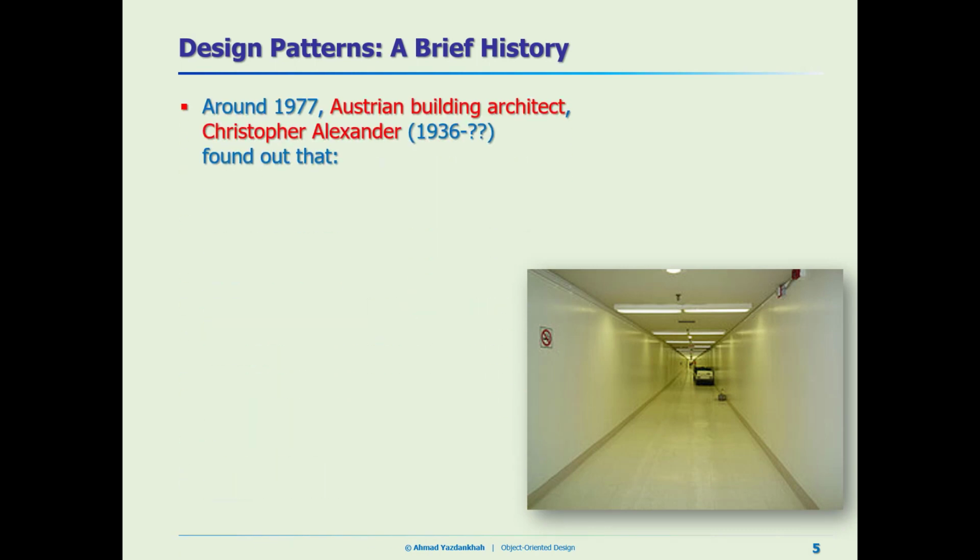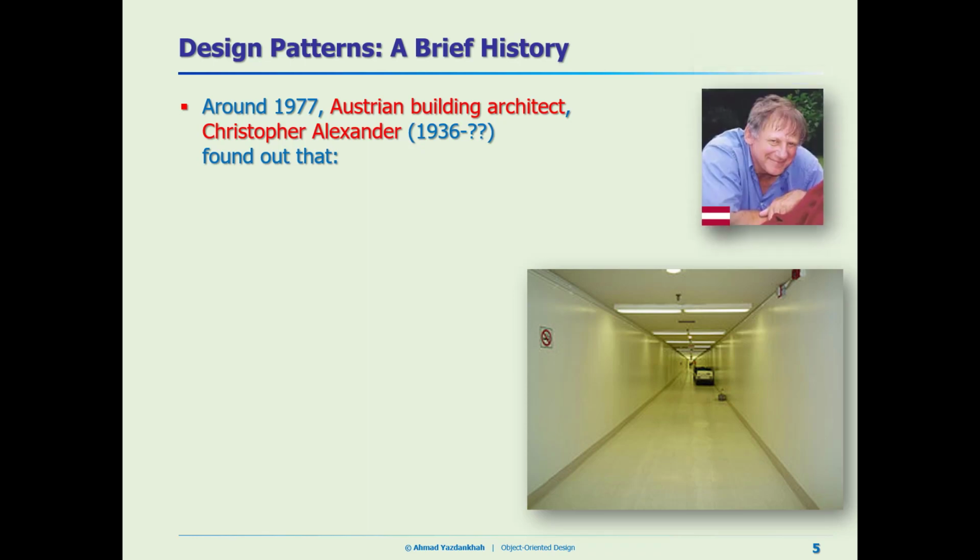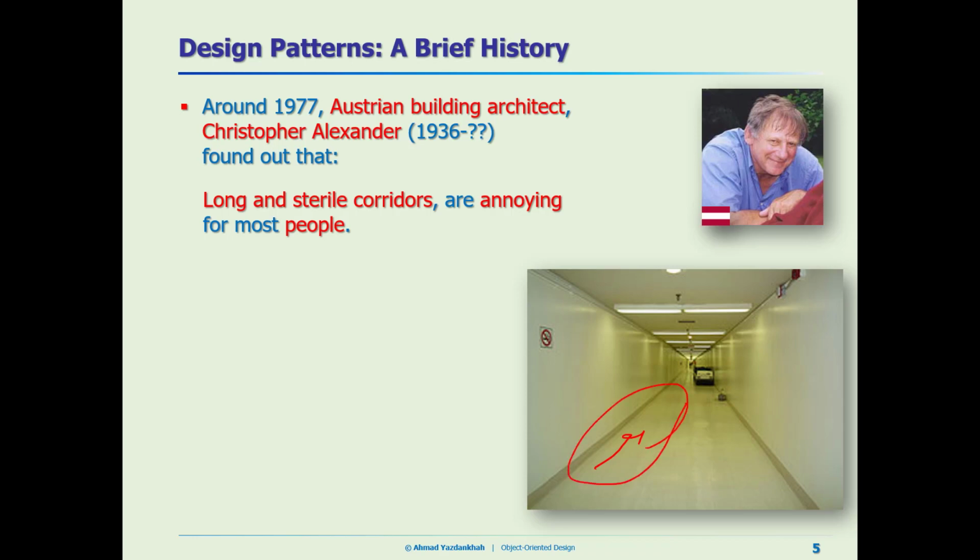So around 1977, a building architect, Christopher Alexander, who is a very famous guy, found out that long corridors like this are very annoying for most people. Yeah, it's very scary. You just look at this. Maybe in Secret Service buildings we would need something like this, but in ordinary buildings, it's very annoying.